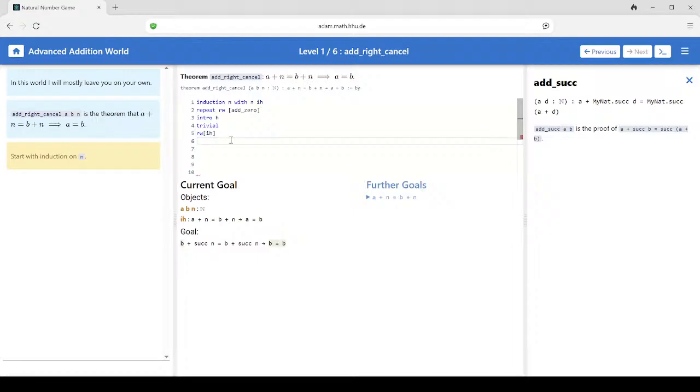We have A plus n equals B plus n implies that A equals B. A plus the successor of n is equal to B plus the successor of n, which implies that A equals B. How can I use this to help me?